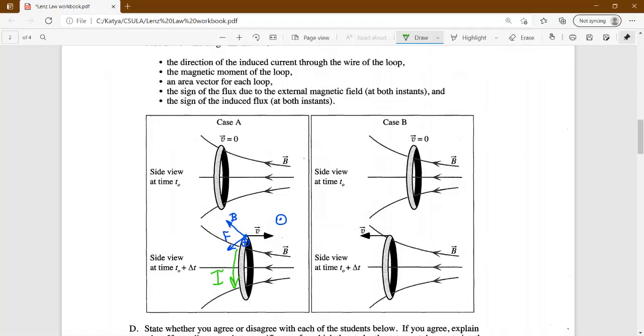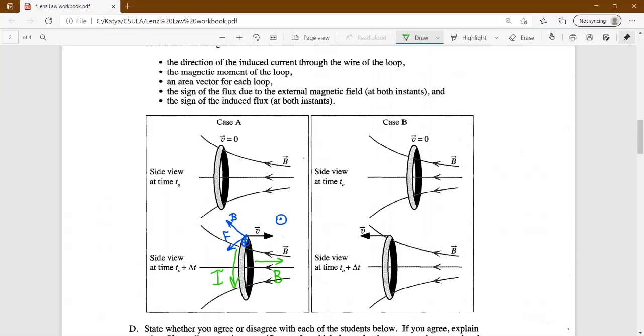Okay, so now the magnetic moment of the loop. If the current is like this, the magnetic moment is going to be in this direction, because the field which is created by this current is going to be in this direction, right? We move our fingers like this. Just use your right hand. It's hard for me to show my hand and point to this PDF file at the same time.